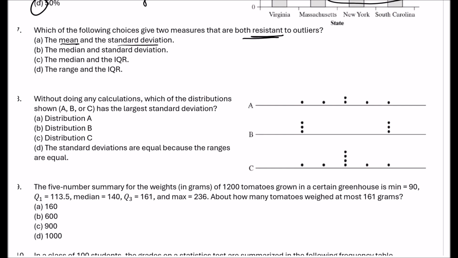The standard deviation is not resistant to outliers, so this cannot be the answer. The median is resistant to outliers, but the standard deviation is not. The IQR is resistant to outliers. The range is not, so it cannot be these. It has to be C, right? So the answer is C, the median and the IQR. They're resistant to outliers. So if I introduce an extreme value, it's not going to really impact them that much.